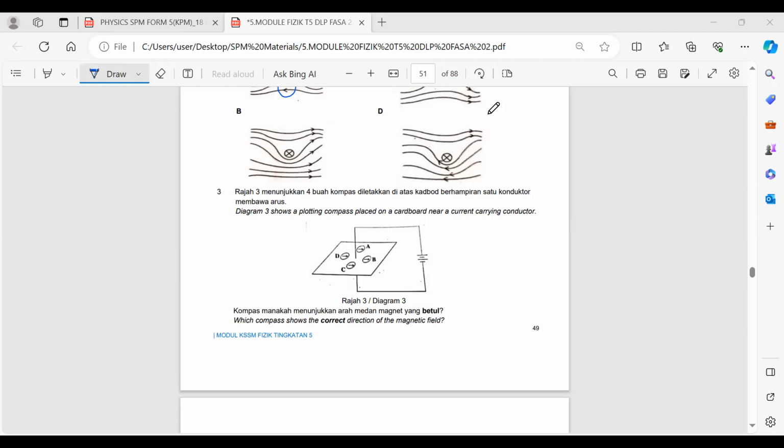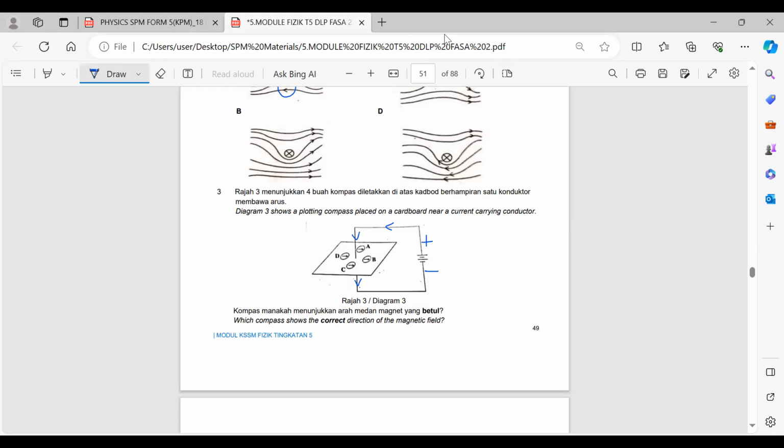So if you look at the cell here, this is positive and this is negative. So current will flow this way, down. So now how do I find the direction of magnetic field? So you must use what rule? So you must use the right hand grip rule.